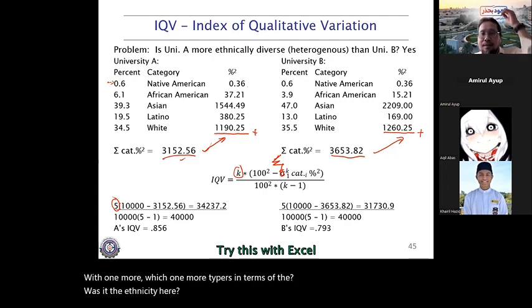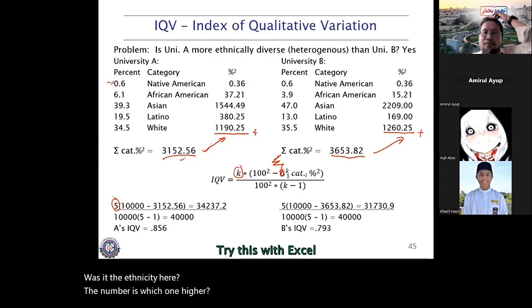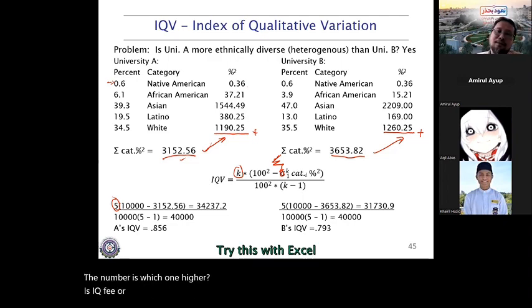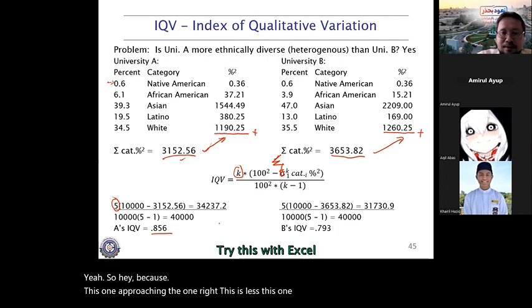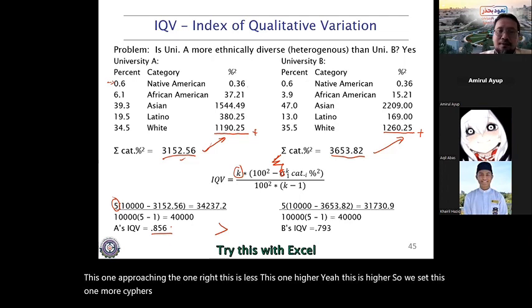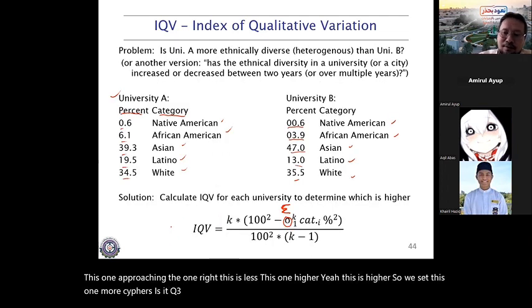Which number is higher? A's IQV or B's IQV? Yes, A is higher. Very good. A, because this one is approaching 1. This is less, this one higher. So it means this one is more diverse.